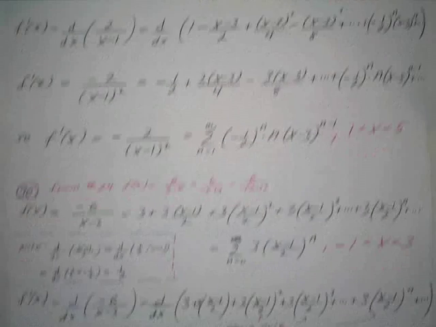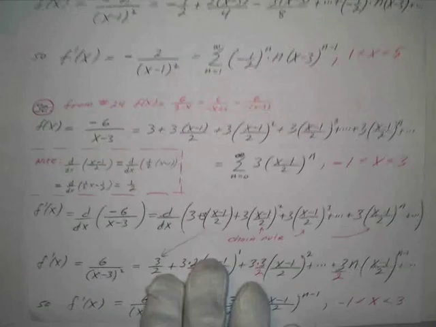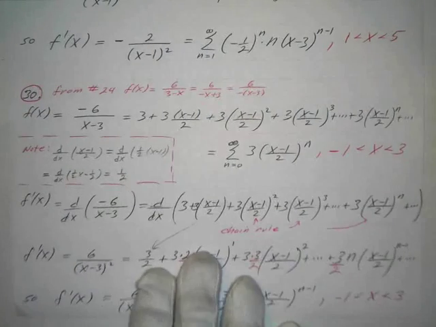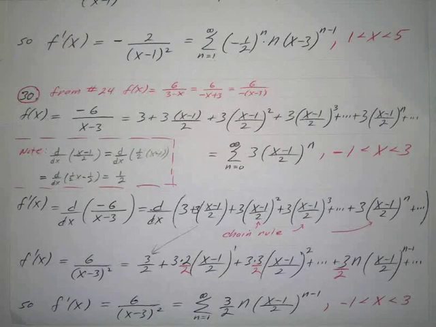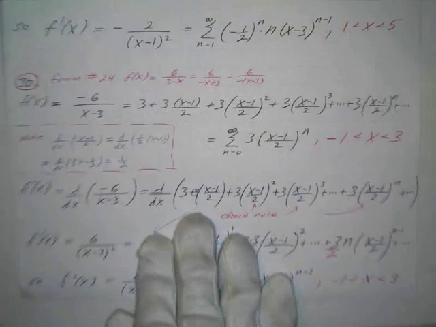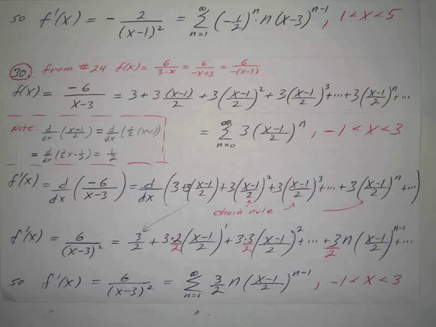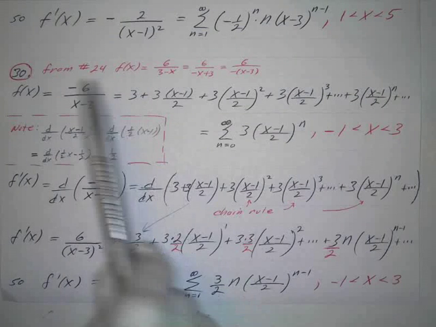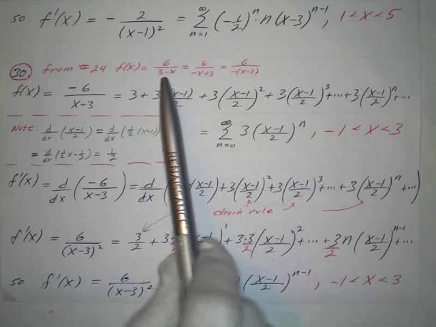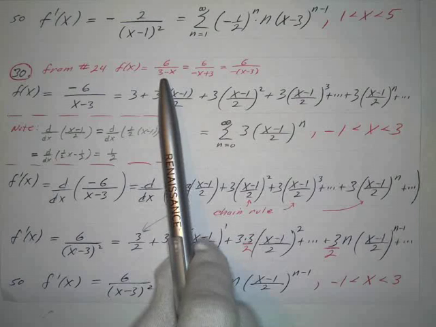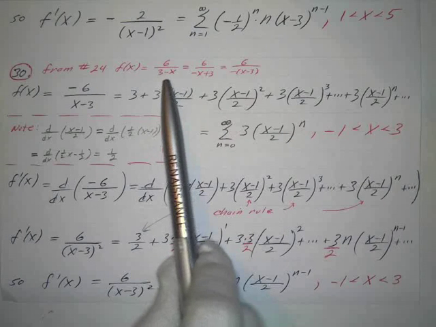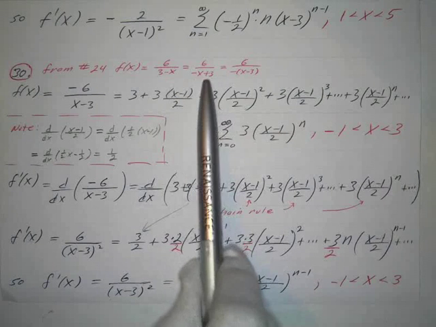Okay, and then the last one, number 30. Now this is a little bit trickier because we do have the chain rule involved here. So take a look at this. A little bit higher there. So this was from number 24, but in number 24 we had it written like this, 6 over 3 minus x.